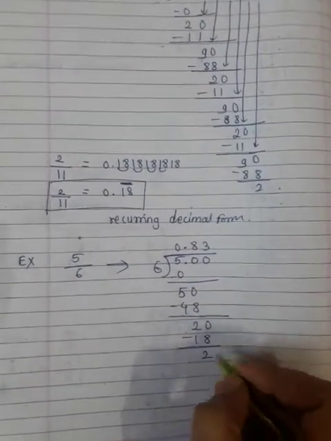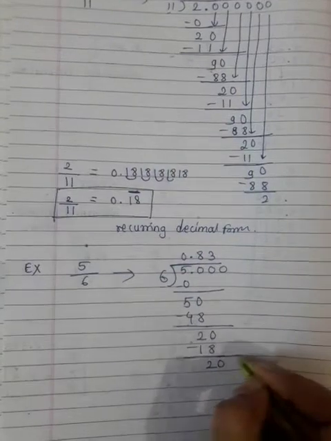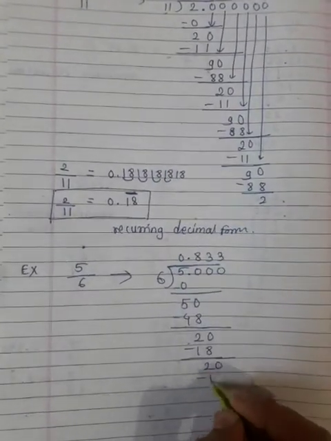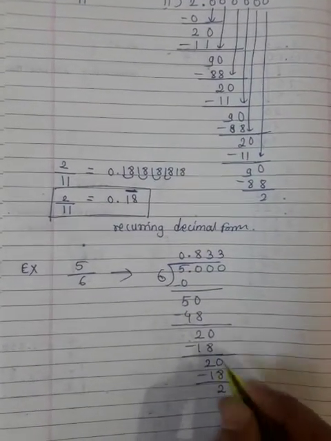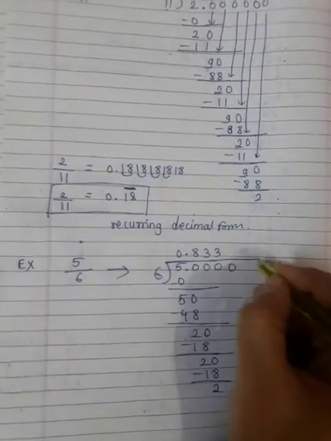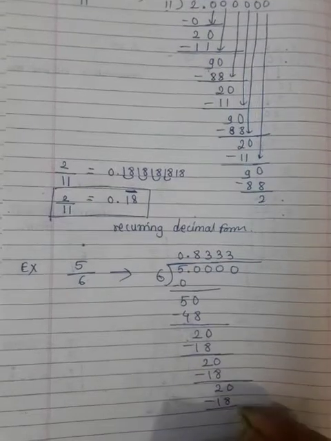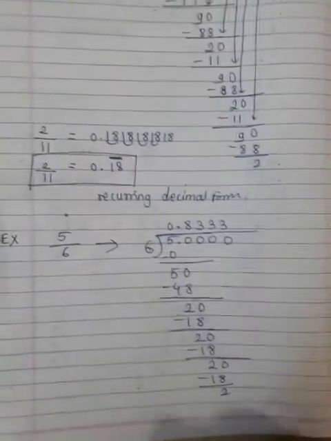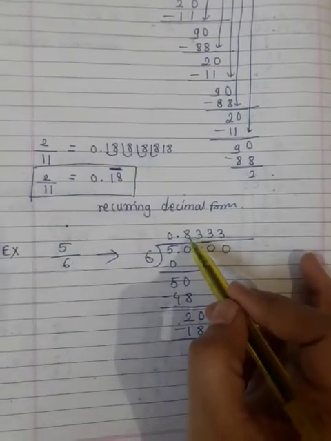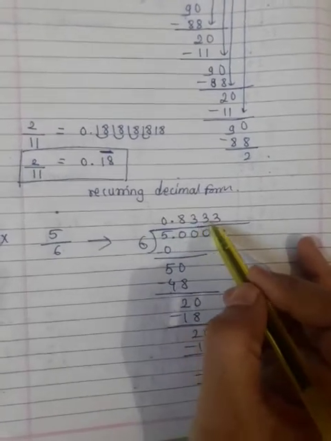Again 2 is not divisible, so add zeros. Again 6 3s are 18, remainder is 2. Again 2 is not divisible, so add 0. And again 6 3s are 18, remainder is 2. So you observe that if you continue, after 8 the number 3 is repeated.